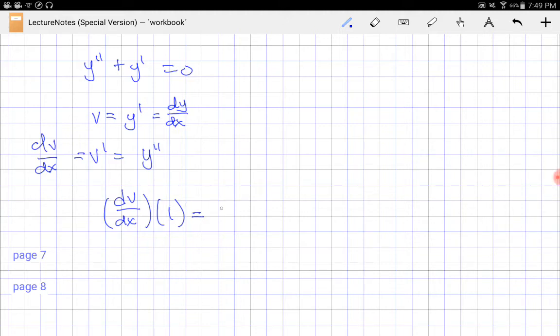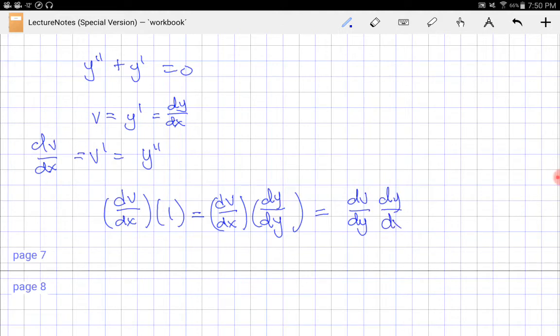So instead of multiplying by 1, we're going to multiply dv/dx by dy over dy, and then shift all these d's around to produce dv/dy times dy/dx.